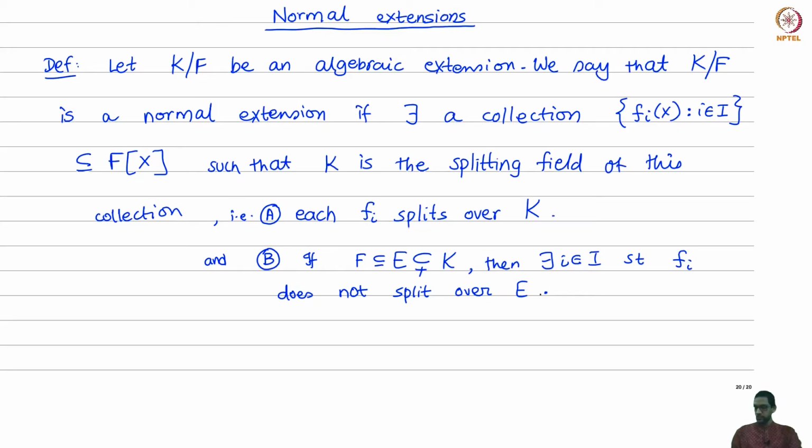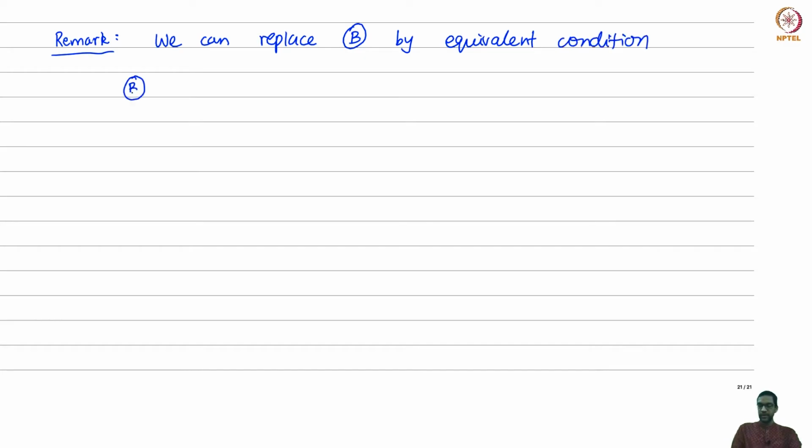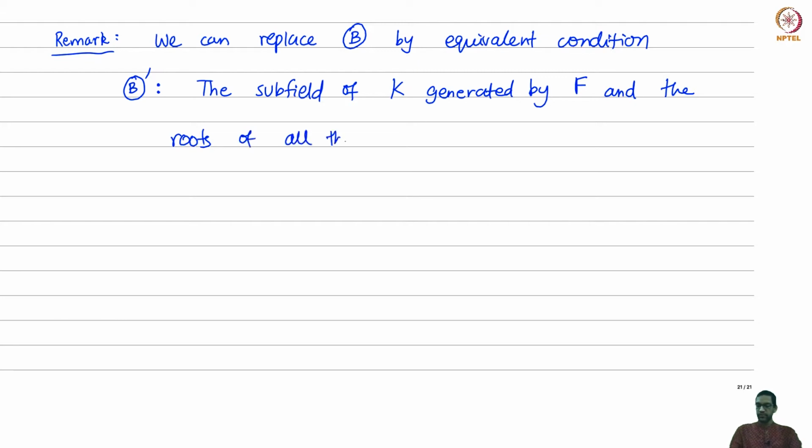Just like what we did earlier, a remark: as before for the splitting field of a single polynomial, we can replace condition B by the equivalent condition B dashed, which says that K is generated, that is, the subfield of K generated by F and the roots of all the f_i's put together coincides with K itself.